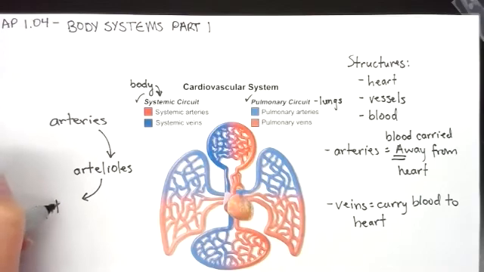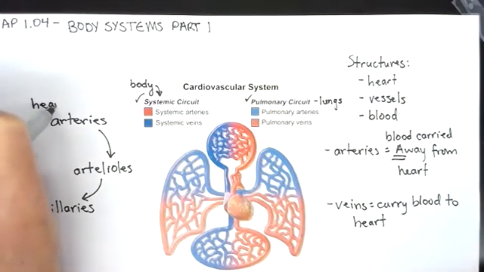These are very, very tiny. I think it has two L's. I could be wrong. They're very, very thin-walled, very delicate vessels, and these get the oxygen down to the cellular level, and they pick up the waste carbon dioxide, and they get ready to take it back to the heart. Let's put the heart up here.